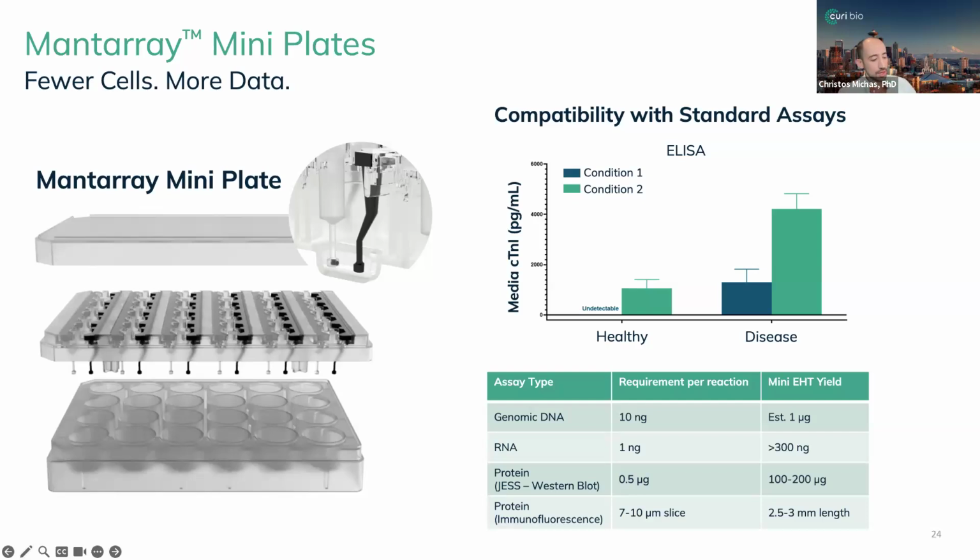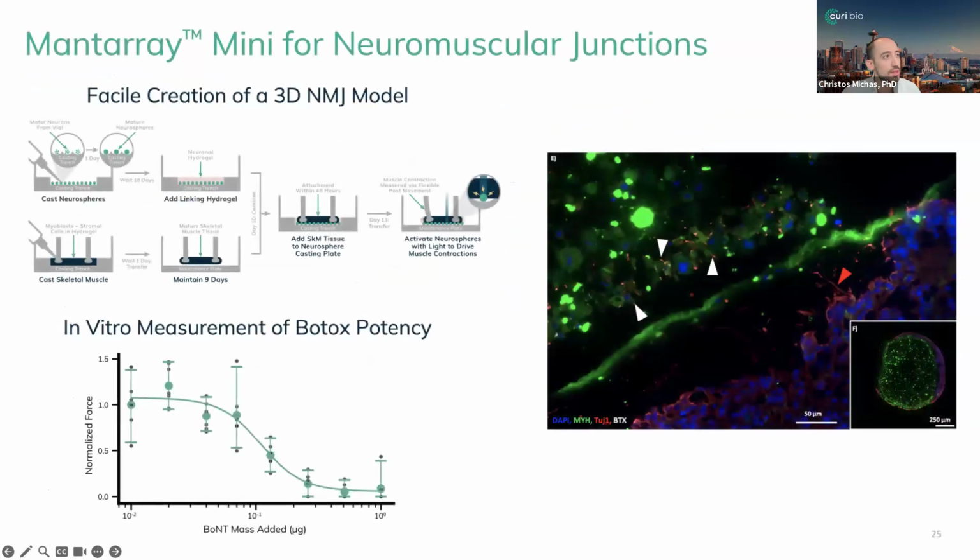Apart from the fact that the Mantarray Mini retains all the benefits and adds a little bit of improvements, it also gives you access to new opportunities. And a good example of that is the neuromuscular junction model that we created at Curi Bio. This is a new model, and it is a 3D functional model.